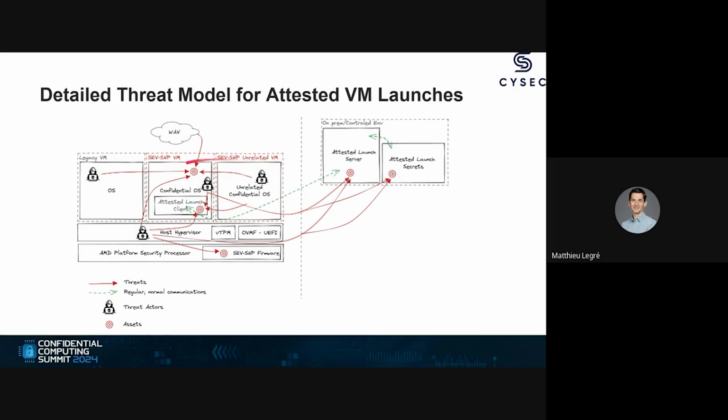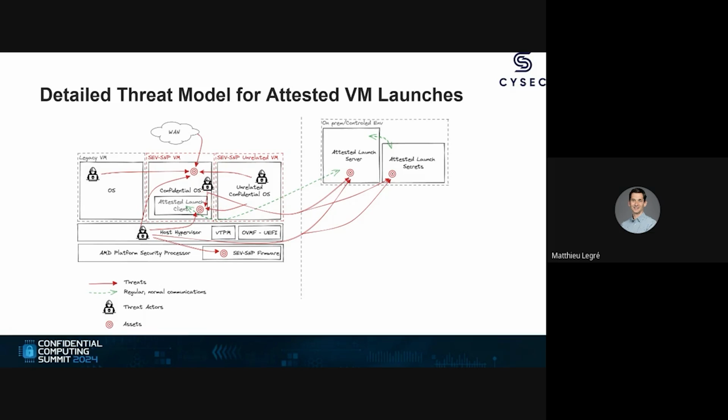But we also consider in our trust model the case where an attacker has been able to take control of an application in the confidential VM, and then tries to take control of the agent to get, for example, secret keys from other VMs. So that's the kind of threat model that we have in mind.